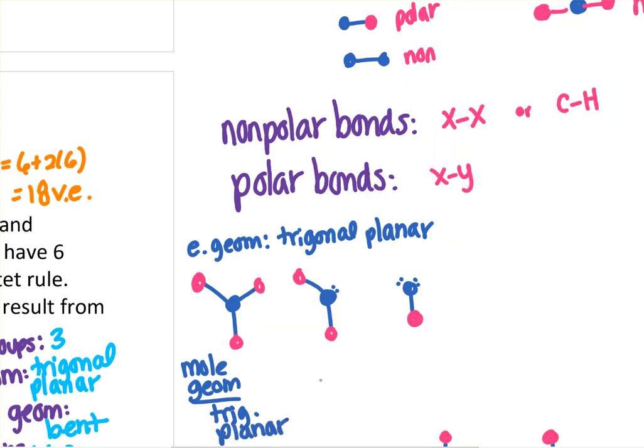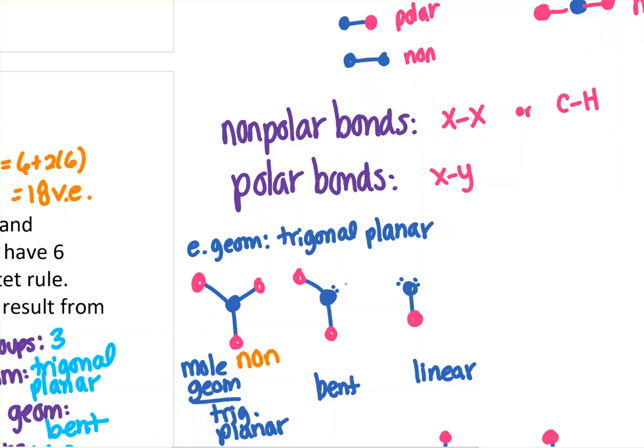This one's molecular geometry is bent, and this one is linear. And then for polarity, what you have to look for is balance. And these 3 atoms are the same type. If any of those was a different element, this would be polar. But this is nonpolar.